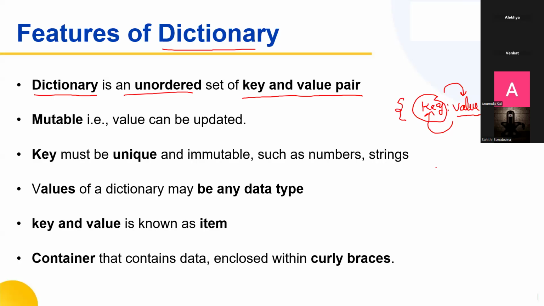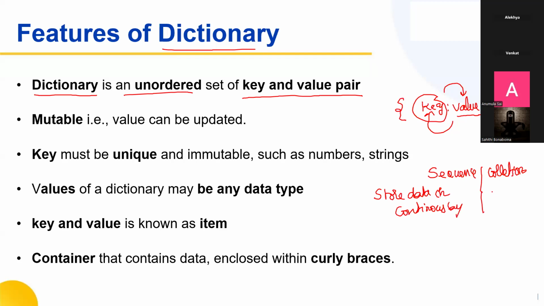Now, yesterday I discussed two kinds of data structures, sequences and collections. What is the difference between sequences and collections? Sequences store data in continuous locations, and the data is sequential.